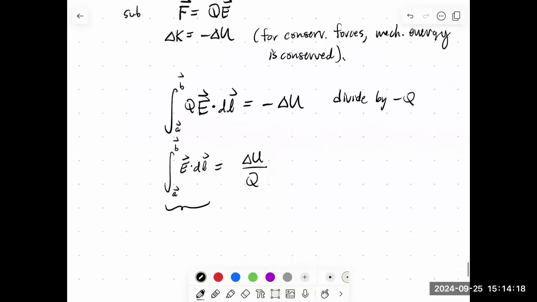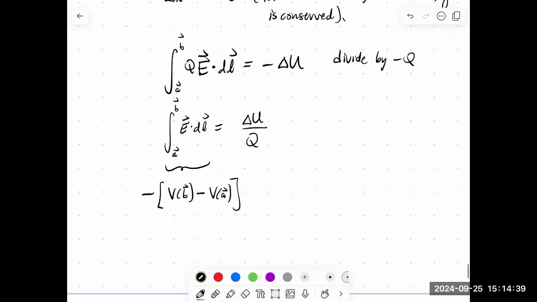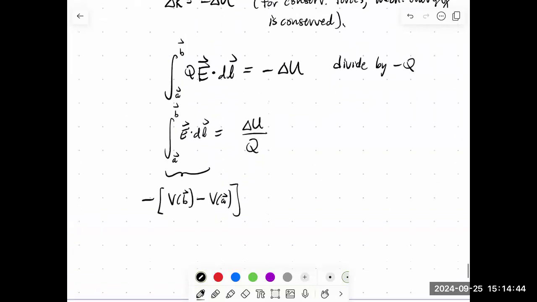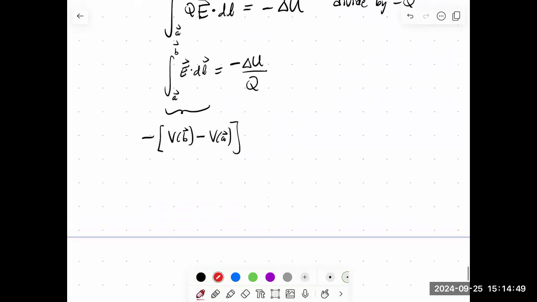So this was minus the potential at B minus potential at A. So minus the integral of E dot dl gave us the change in potential. So E dot dl gives us minus the change in potential. Okay, fair enough. That means therefore, I forgot to bring this negative sign, right? Perfect, good. So I'm going to cancel those negative signs now.